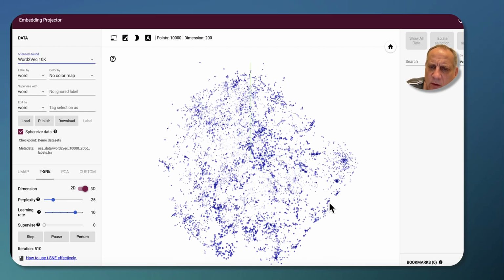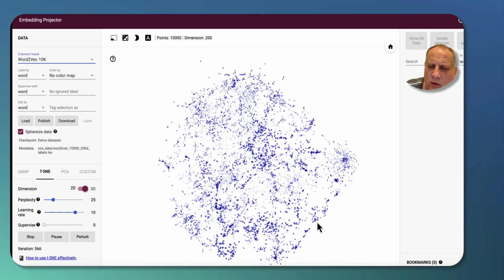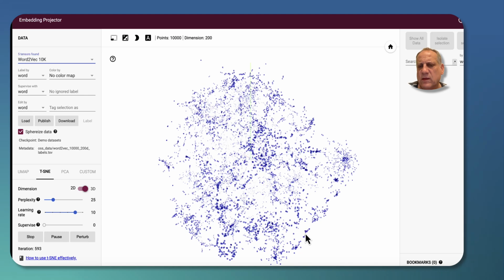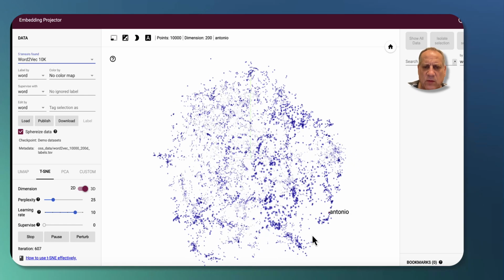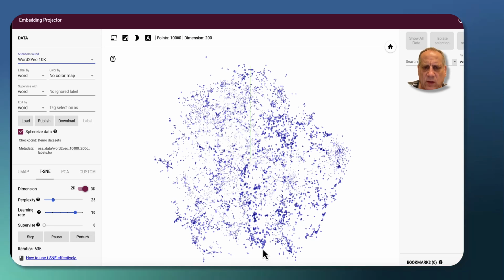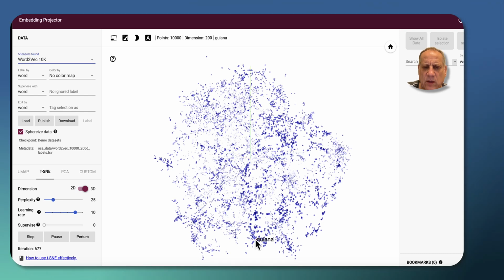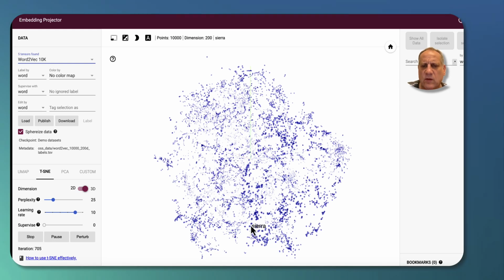FR, DIE, Des, La, not sure what these are, maybe abbreviations for countries. Della, Leonardo, these are names, obviously. Chile, Cayman, Venezuela, Guyana, Gabon, Eritrea. Okay, these are countries.